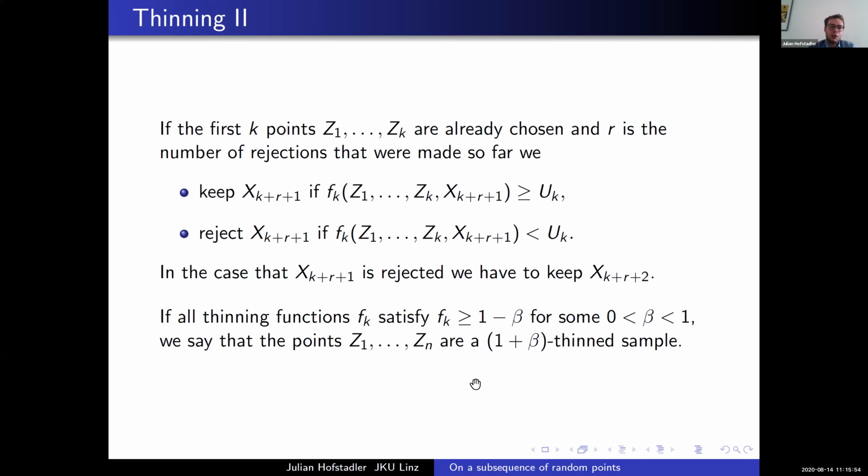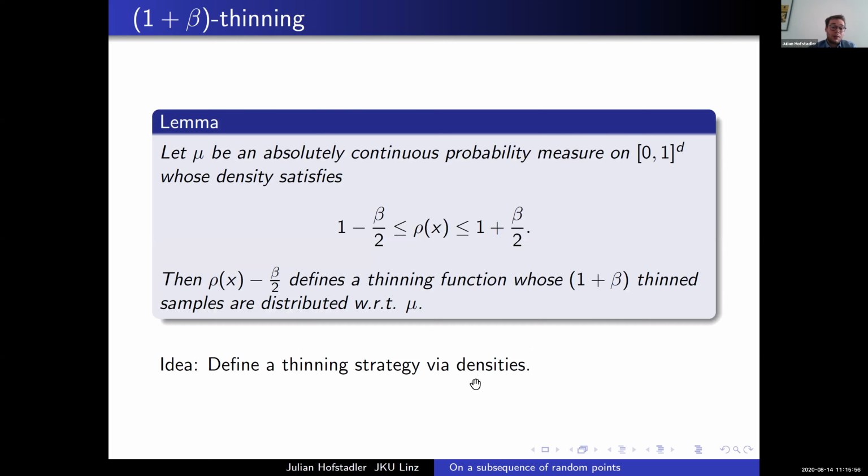So how are we gonna use it? There is this lemma which is quite nice. I will explain why in a few moments, but let me just go through it first. Assume we have an absolutely continuous probability measure on the d-dimensional unit cube. And assume the density satisfies an inequality of this form.